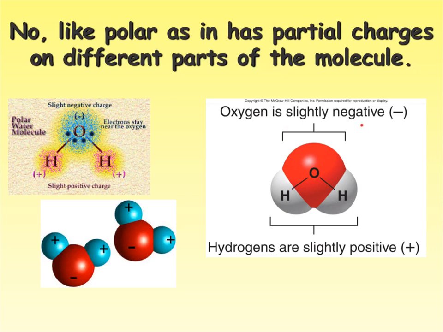So for example, on our water, oxygen has a slightly negative charge, and my hydrogen side has a slightly positive charge. So because of this, it is attracted to ions or other polar molecules of the opposite charge. So the negative part of this water molecule, this oxygen, is going to be attracted to, say, a positive ion or the positive part of another polar molecule.